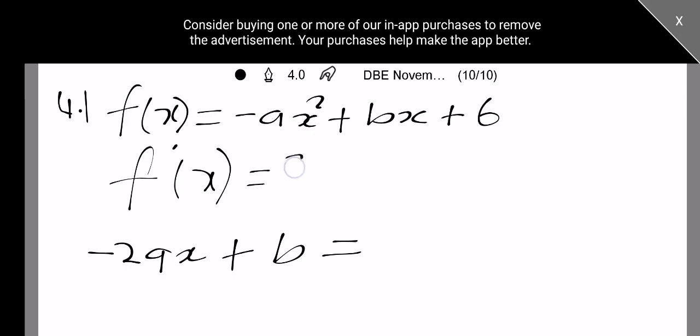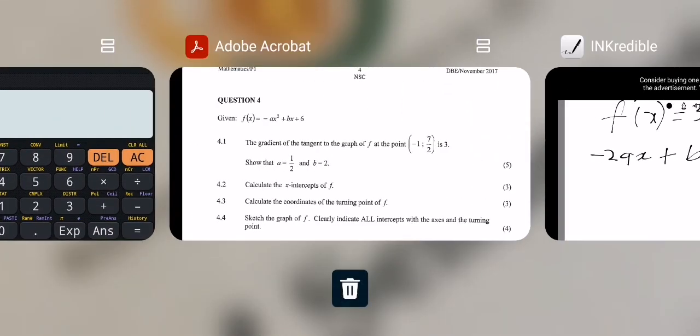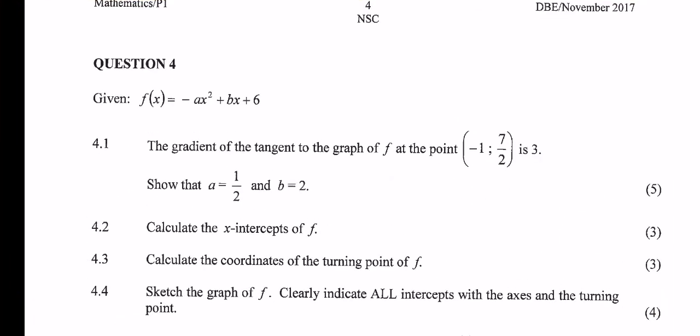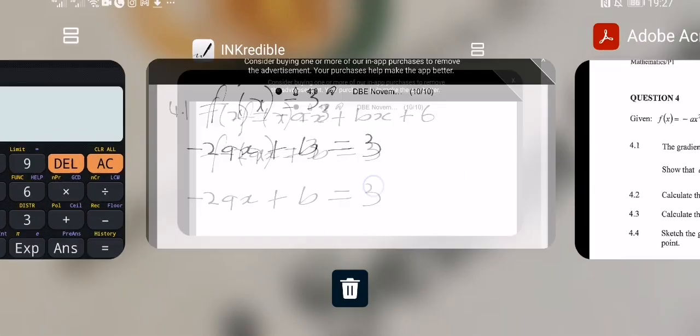So the gradient was 3. And remember guys, we were given the coordinates at that particular point. The coordinates are -1 and 7/2.